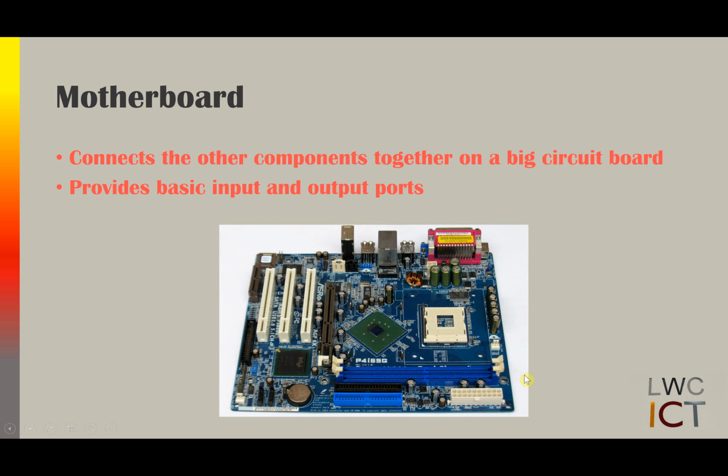This should take RAM as well. There's lots and lots of things on there. It also provides basic input and output ports. So you'll see at the far end over here, these are some ports. It's got a USB drive there. It's got graphics ports, USB ports. So although you do get outputs with your graphics card, if you didn't have a dedicated graphics card, you'd have an integrated one that was based on the motherboard and get your outputs from that.